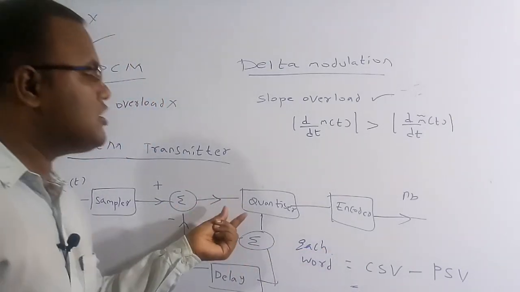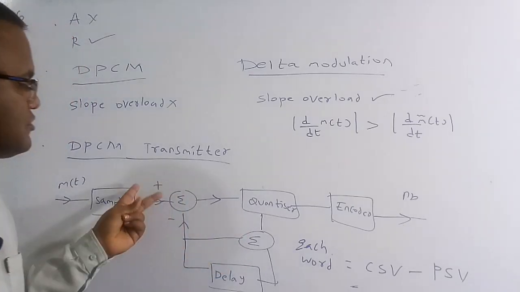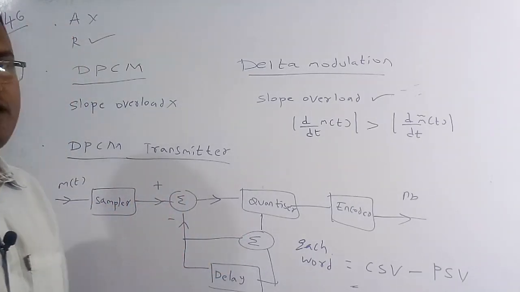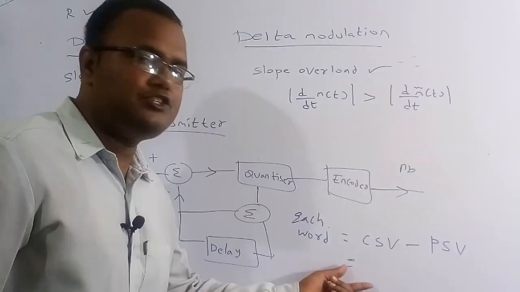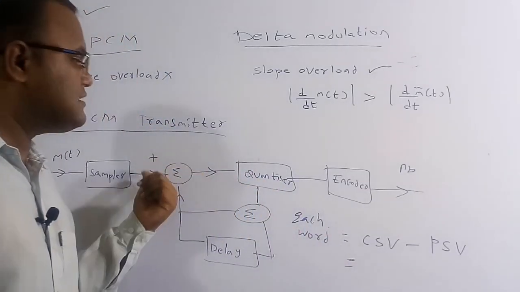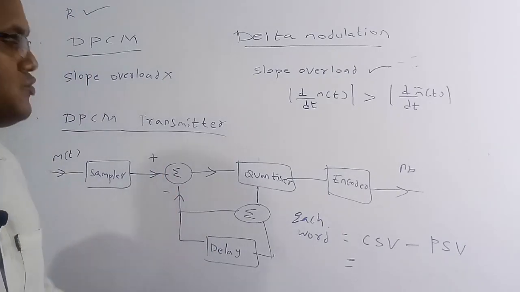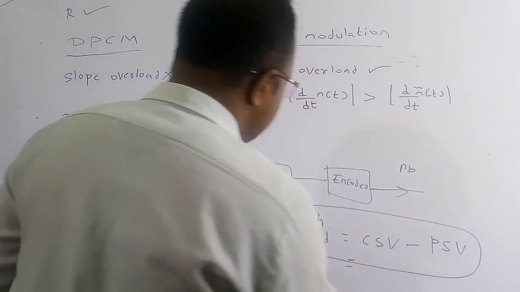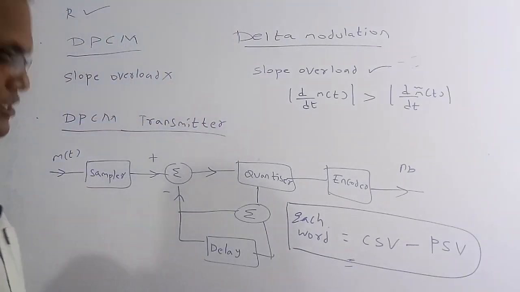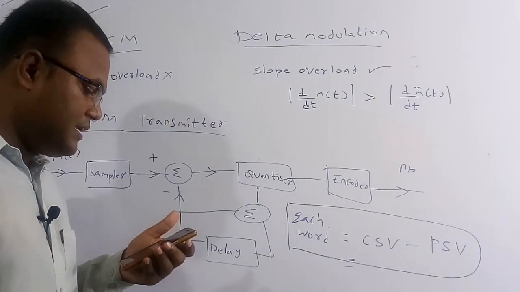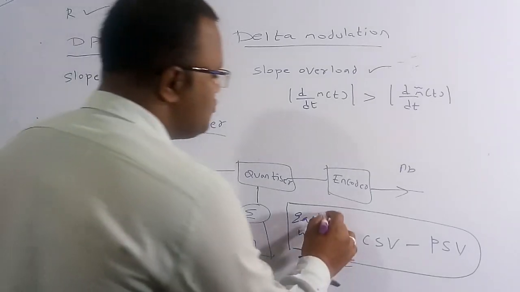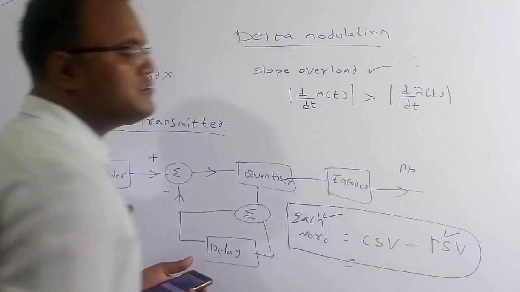So in order to get a new sample value, it uses two things: the current sample value and also the previous sample value. Because it uses the difference of the current sample value and the previous sample value, we can conclude that there is a feedback and also a correlation between the input samples. So we can conclude that yes, DPCM makes use of adjacent sample correlations. In order to get a new value, it uses even the previous sample value.